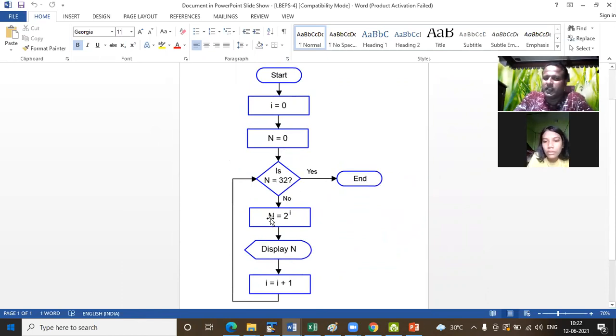No. Now n is equal to 2 to the power 0. What is the value of 2 to the power 0? What is the result? It is 1. If you give 0 power to anything, the result is 1. Do you know what a power is?